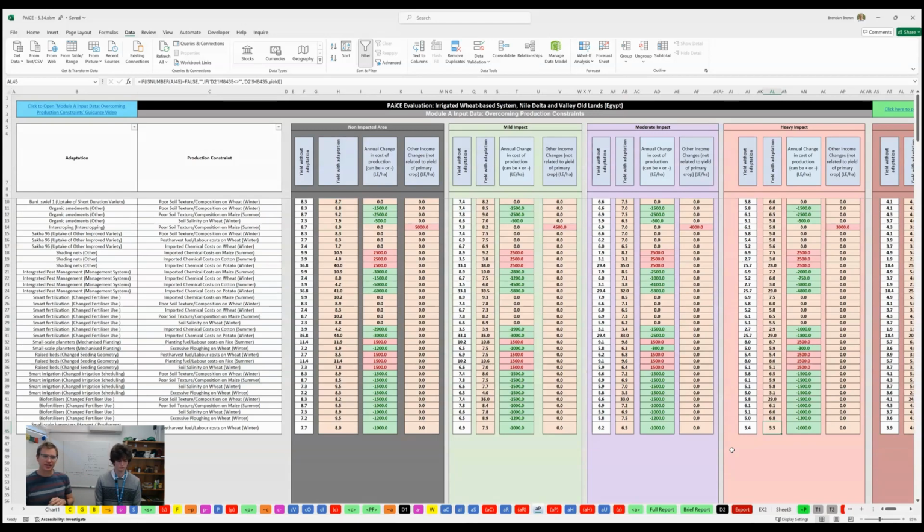The other two elements that we're asking each time are around the change in costs and other income. And there seems to be a little bit of confusion around what this means. So let's look at income first. The reason why this is here is that in the case of a diversification of crop, you are removing one crop and you are adding another. We've asked about yield of adaptation.